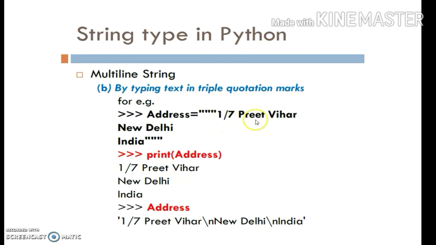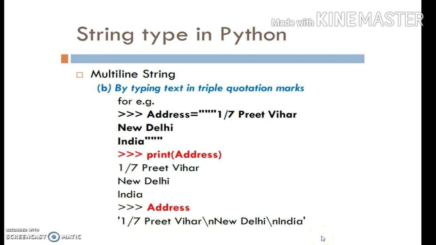Then 1/7, we have New Delhi, India. Then the three double quotes are closed. Here it opens, here it closes. Then print the address. When you print this address, you will get a message like this in different lines. Or you simply type this address, then you will get an output like this.